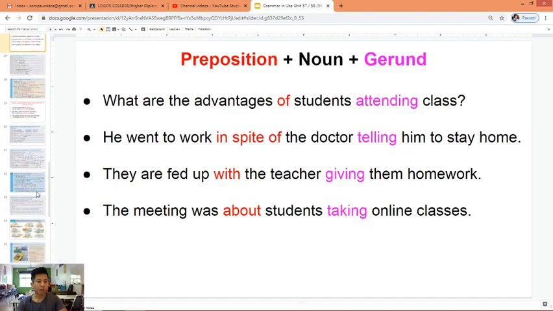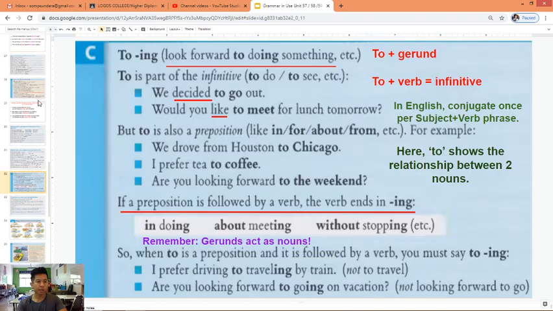All right, let's go to part C in your book. This could be a little bit confusing, and it's such a small word, T-O. It has two functions in the English language.